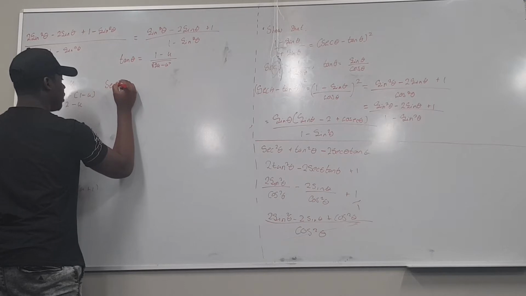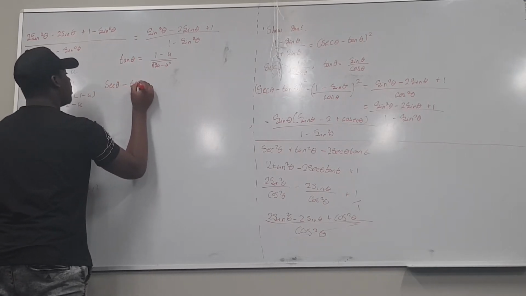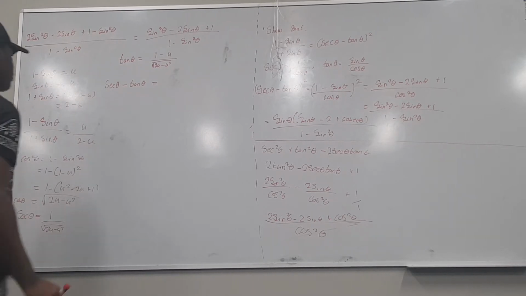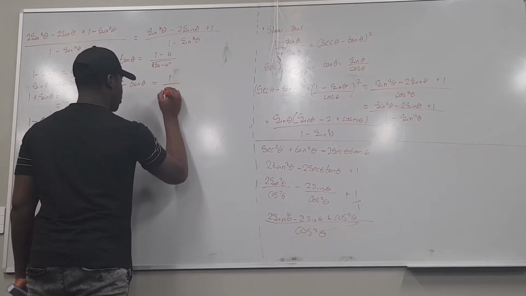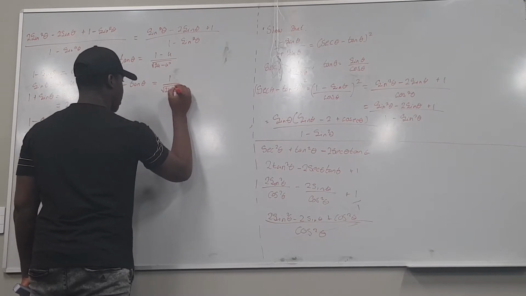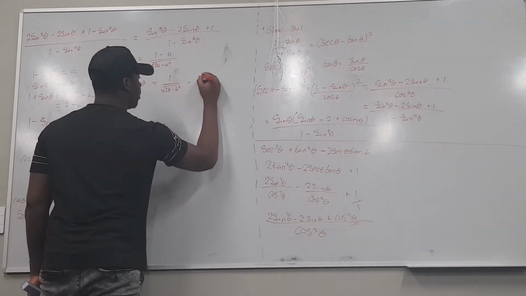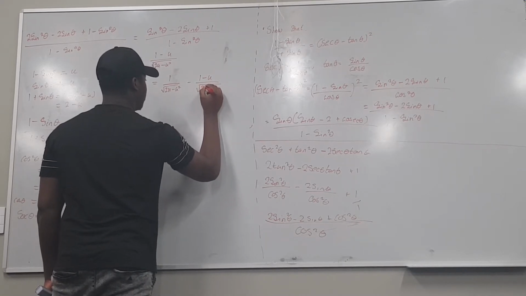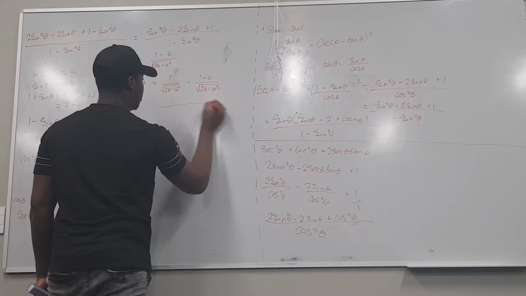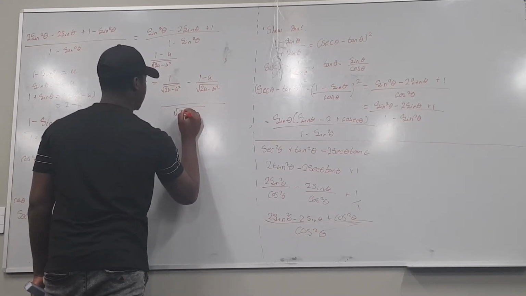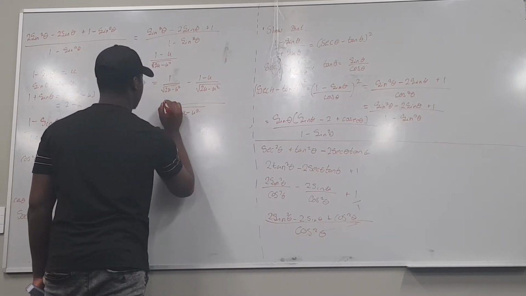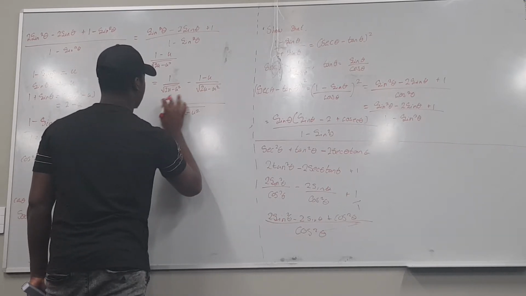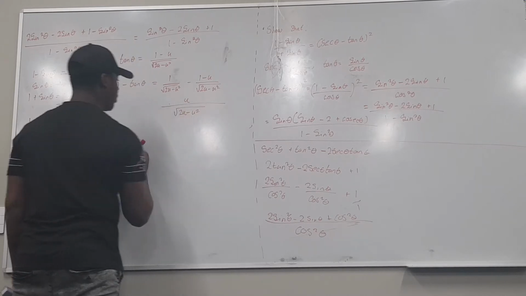So sec theta minus tan theta is equal to 1 divided by the square root of 2u minus u squared, minus 1 minus u divided by the same, minus that, so that'll be just u, right?